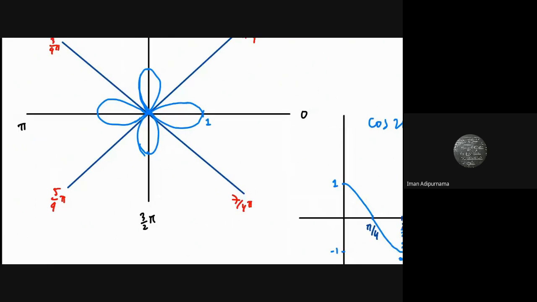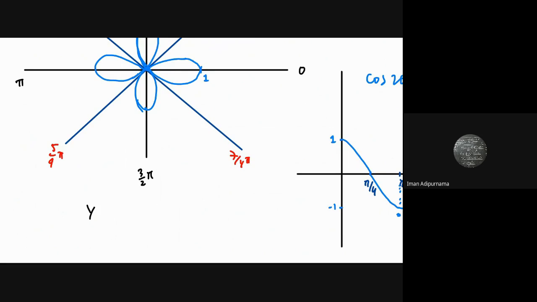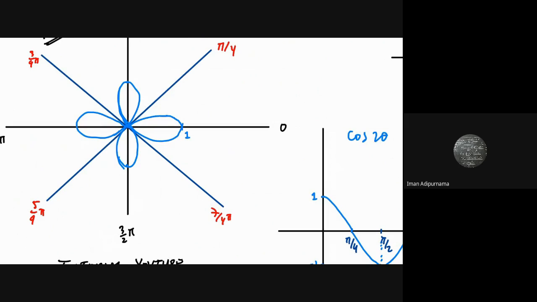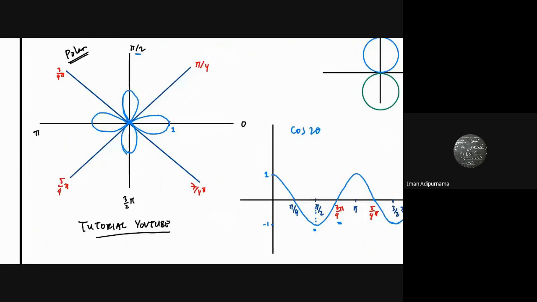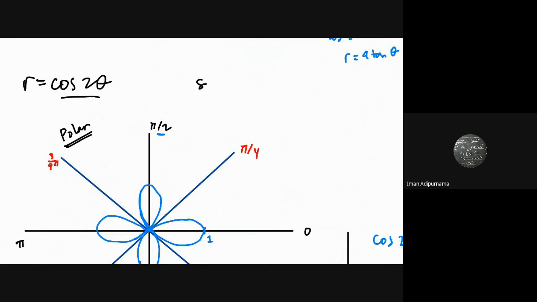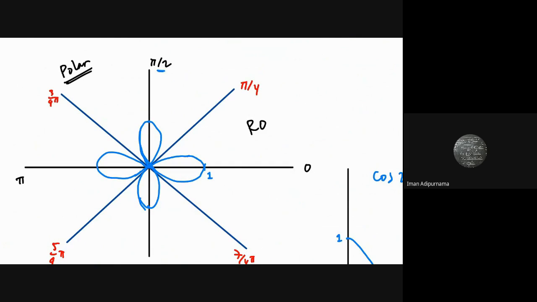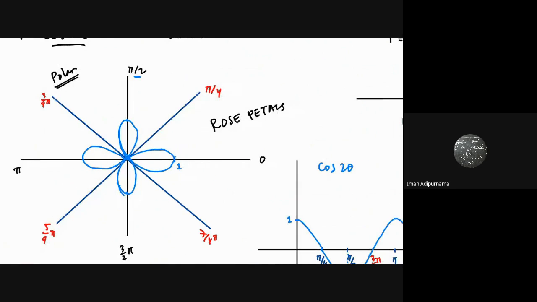Now, it's difficult to imagine, but I recommend you watch some tutorials on YouTube to better understand it. Please watch. I will recommend some videos for you on how to draw this. But what you need to remember is, if we have this cos 2 theta or sine 2 theta, it will have something we call rose petals.